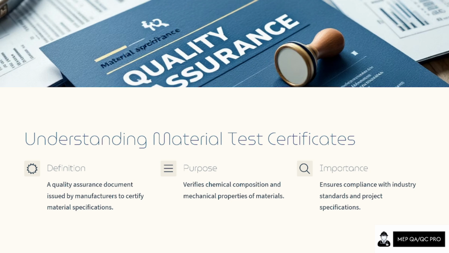Some people may question, where do we use this material test certificate? Whenever material arrives at site and you verify that the material is aligned with your project specification, you need to request it from your supplier. Whenever material arrives at site, there will be a DO number.